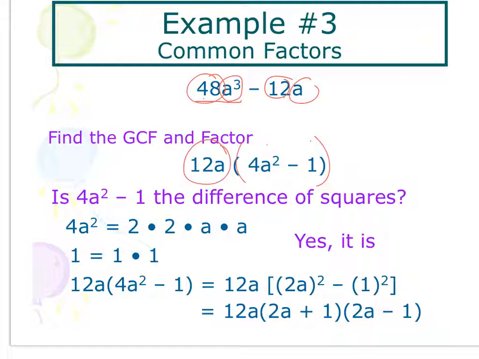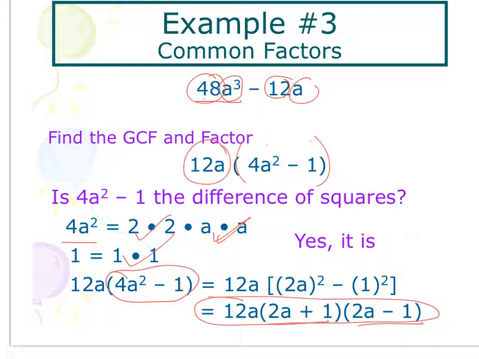Are they the difference of perfect squares? If they are, then I can factor them. 4a squared is a perfect square. 4 is a perfect square, a squared is a perfect square, 1 is a perfect square. So I can factor this quantity into 2a plus 1 times the quantity 2a minus 1. So here is the whole thing factored.